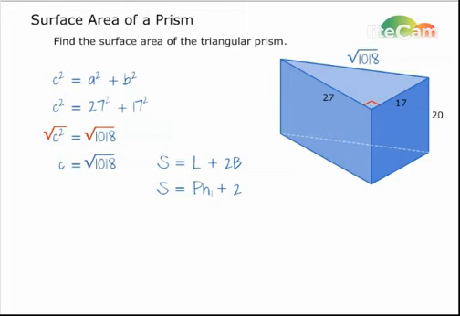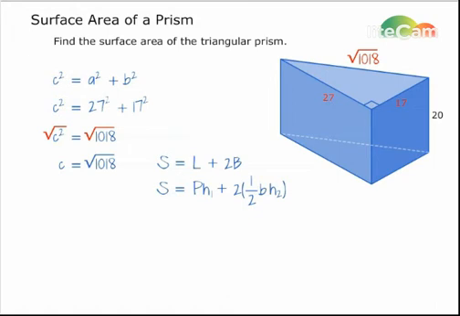Because the bases are right triangles, the area of each base of the prism, capital B, is 1/2 the base of the triangle, a small b, times the height of the triangle. Now note that this is a different h than for the lateral area, so we have labeled the height of the prism h sub 1 and the height of the triangle h sub 2.